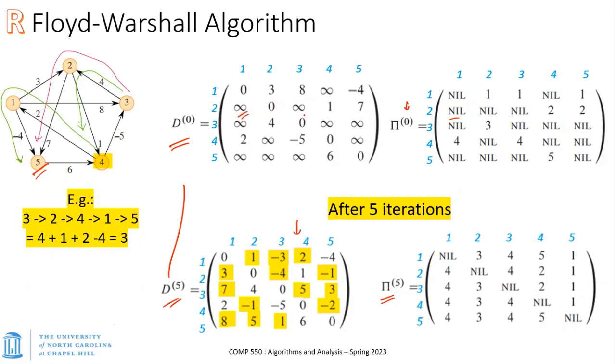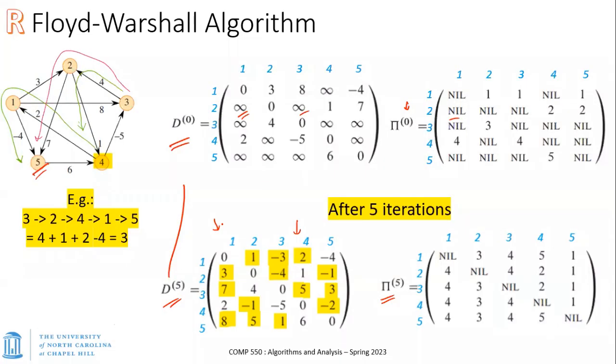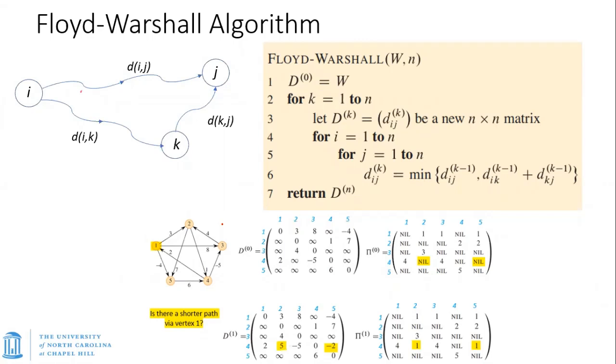If an entry was initially infinity and has improved to some value less than infinity, then clearly you have a way to get to that particular vertex. This can also be seen as a reachability matrix, and we'll come back to this in a little while. So this gives us the shortest path weights. That was an overview of the algorithm, but if we look at it slightly more formally, this is what we did.